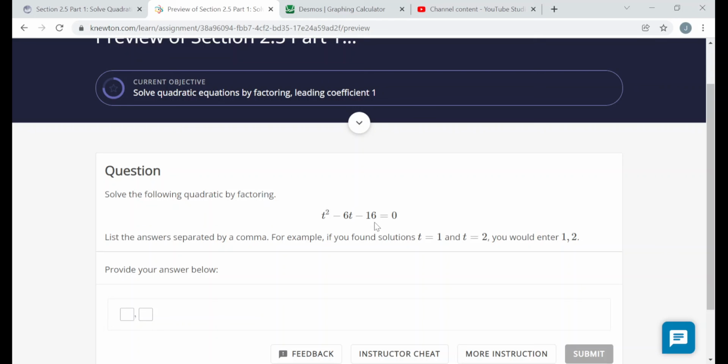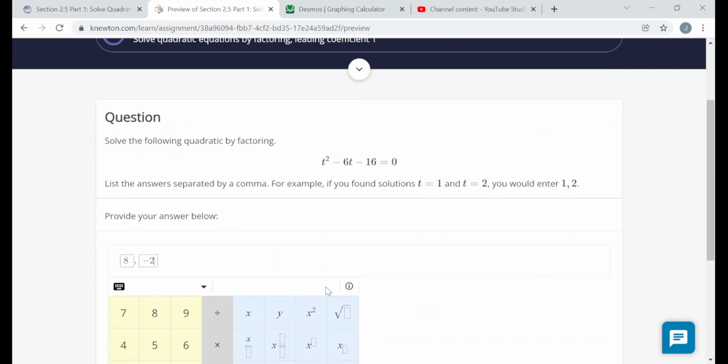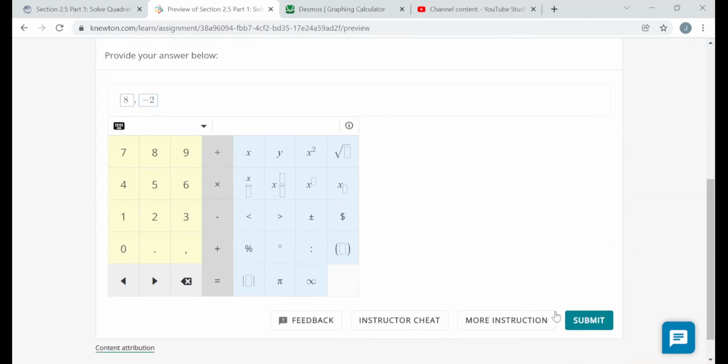Now t − 8 would be 0 when t is positive 8, so positive 8 is one solution, I put that in the first box. And then t + 2 would be 0 when t is negative 2. So 8 and negative 2 should be the solutions here, and don't forget to check them, make sure that they make the equation true.